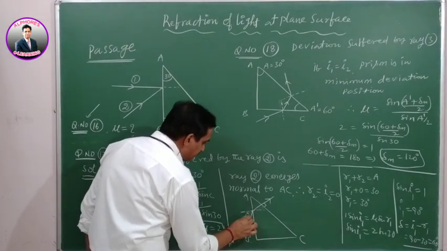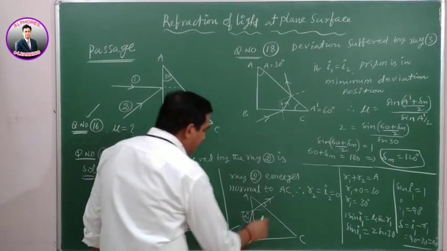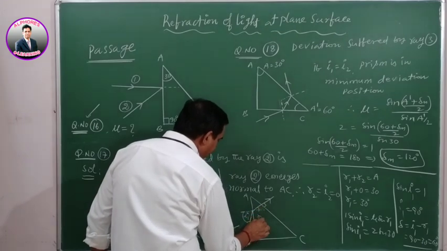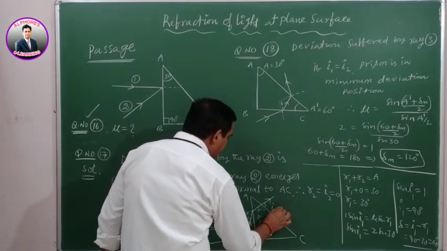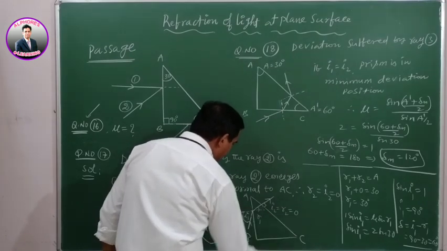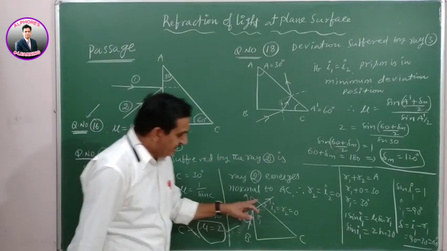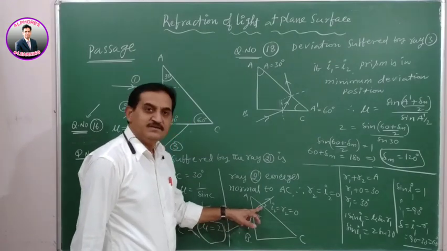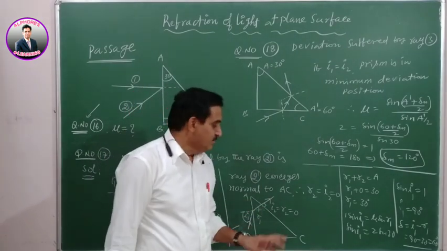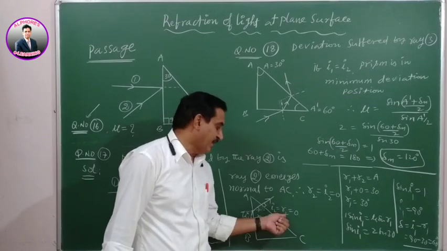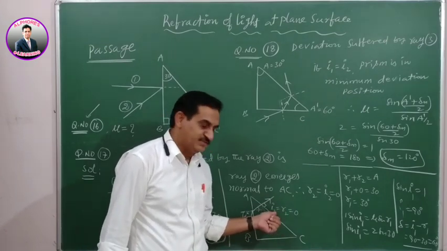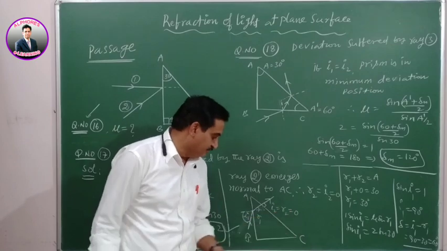This is the angle of incidence I1, and here the angle of refraction R1, and here I2 and R2. These two are 0. Why? Because for AC this is normal. If the ray is traveling along the normal, the angle of incidence and angle of emergence, that is I2 and R2, become 0.